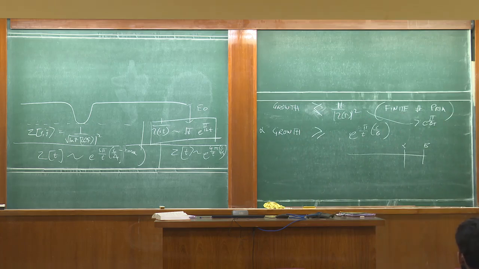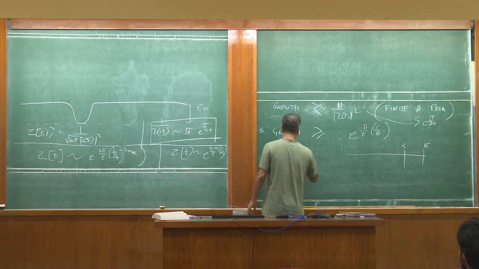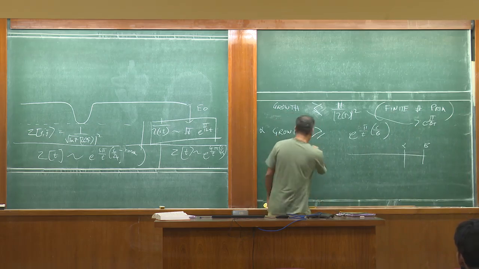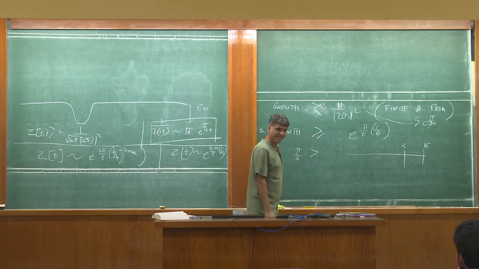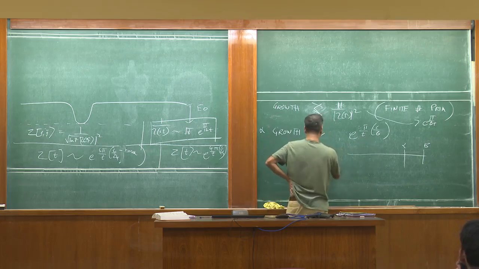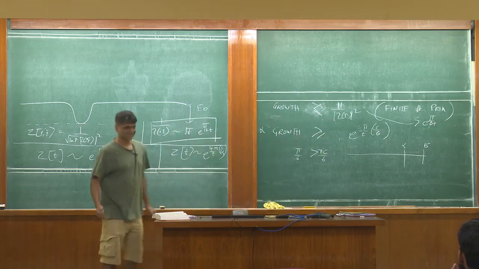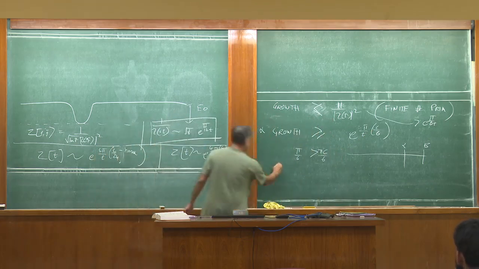And so it must be that beta, which was pi by 6, is greater than c pi by 6, and therefore c must be less than 1.